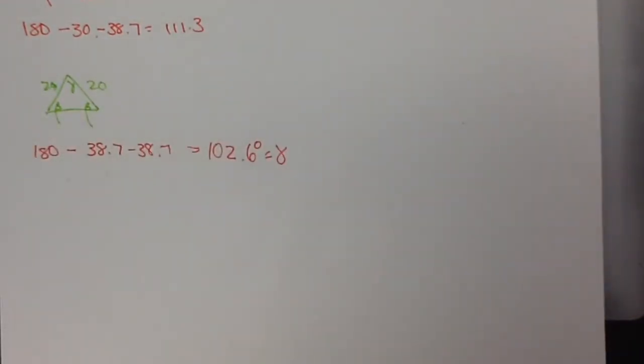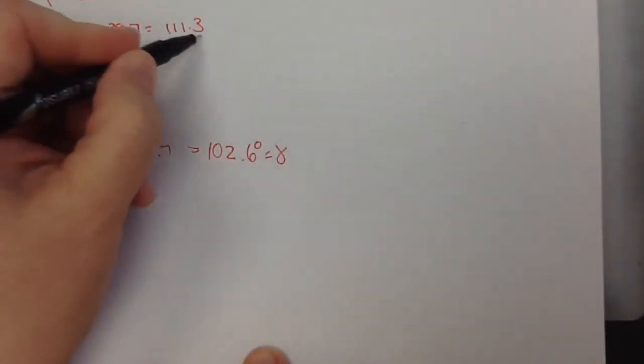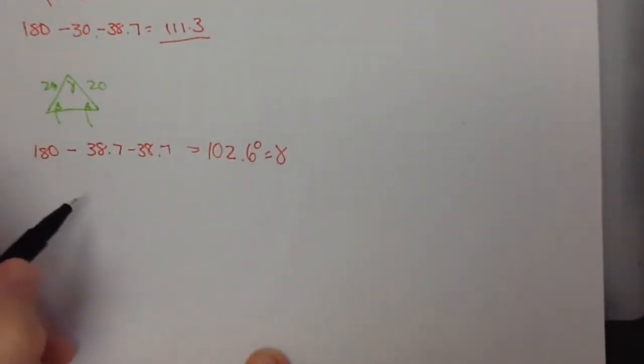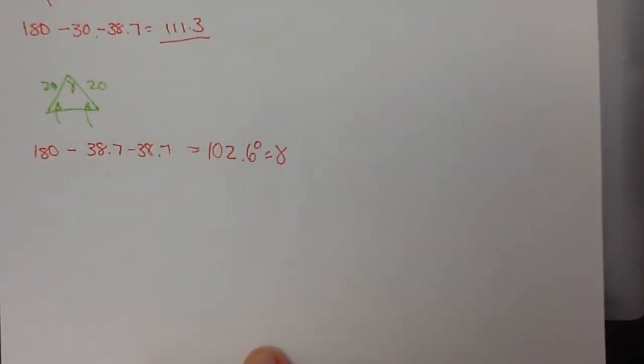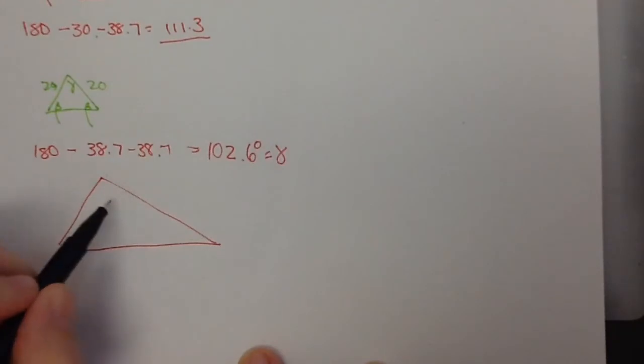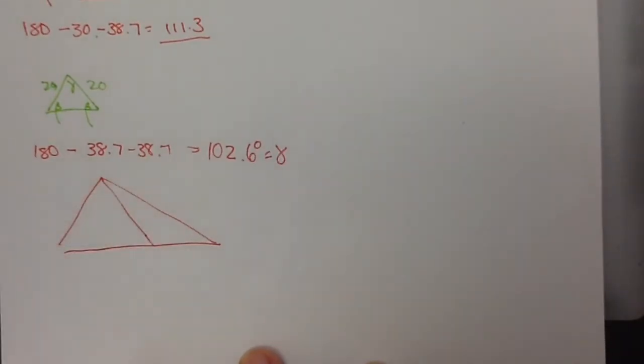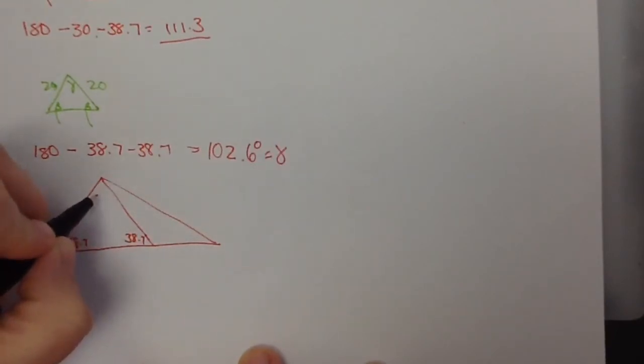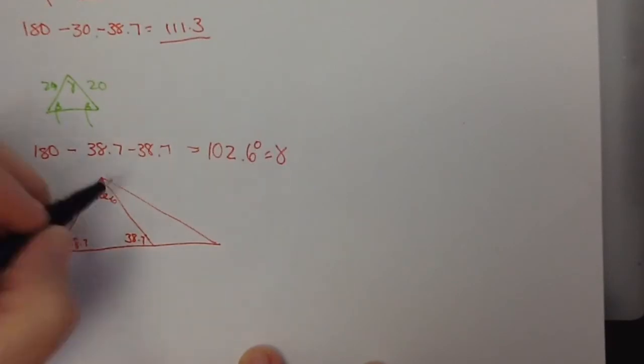Okay, and then we know that the big angle, 111, so remember, looking back, we now have this one is 38.7, and this one is 38.7, and this one is 102.6, and all of this together is 111.3.